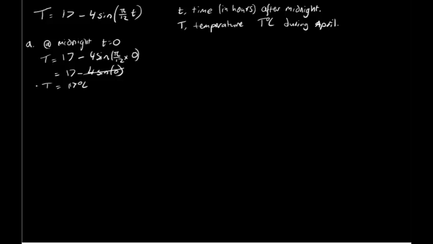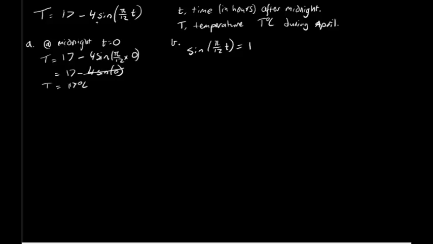Part B is to find the minimum temperature during the day and what time it occurs. Given our function, the minimum value is going to occur when sine of pi on 12t is equal to 1, because sine oscillates between 1 and -1.